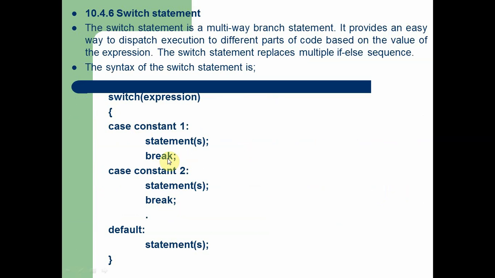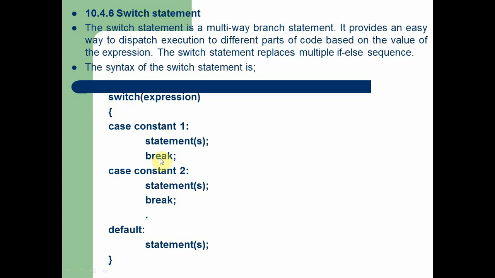But when you run the program, imagine that the first case break is omitted. Then the first constant becomes true, for example, and this statement will execute. In the same way the second statement will also execute, because in the first case the break statement is omitted.